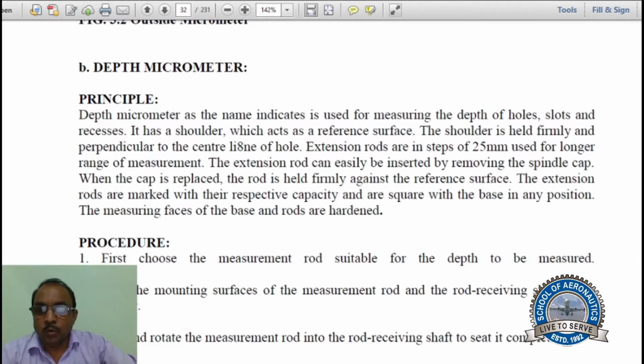Then, when the cap is replaced, the rod is held firmly against the reference surface. The extension rods are marked with their respective capacity and are square with the base in any position. The measuring faces of the base and rods are hardened.